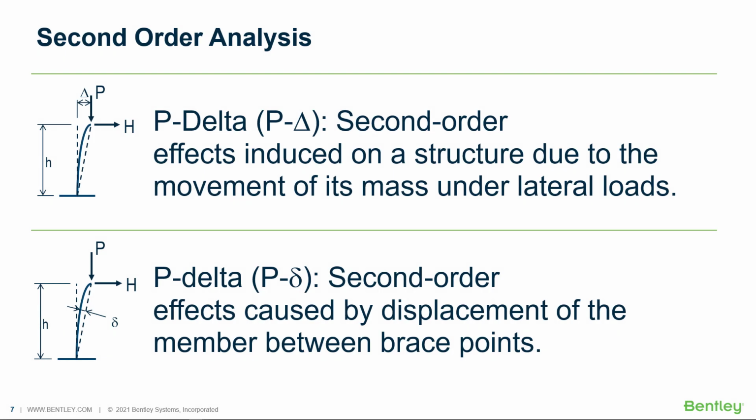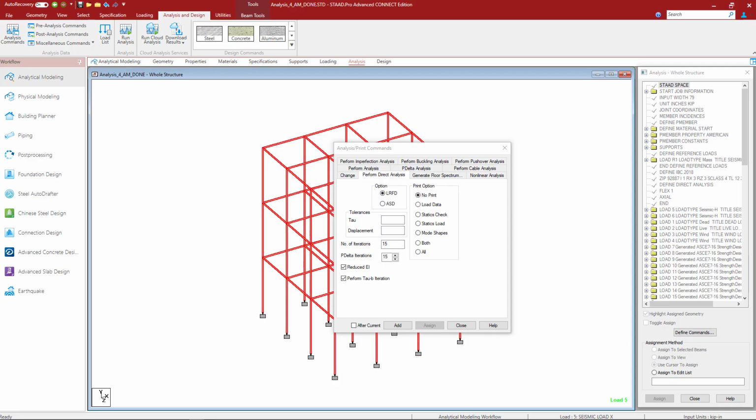Finally, whenever invoking a direct analysis within STAAD.Pro, the program will automatically consider both P large delta and P small delta effects. P large delta effects are your second order effects induced on a structure due to the movement of its mass under lateral loads. Your P small delta effects are the second order effects caused by displacement of the member between the bracing points.